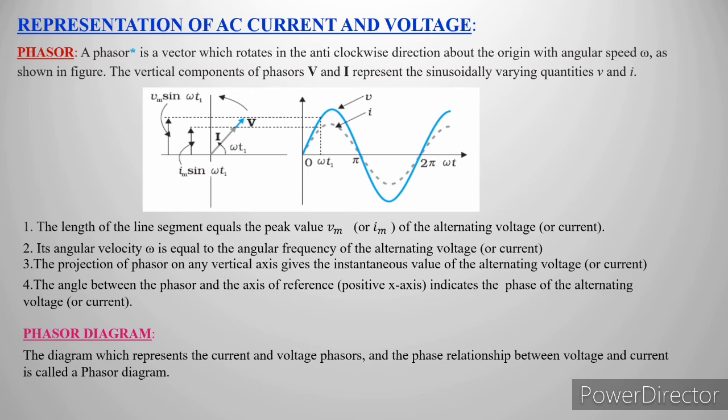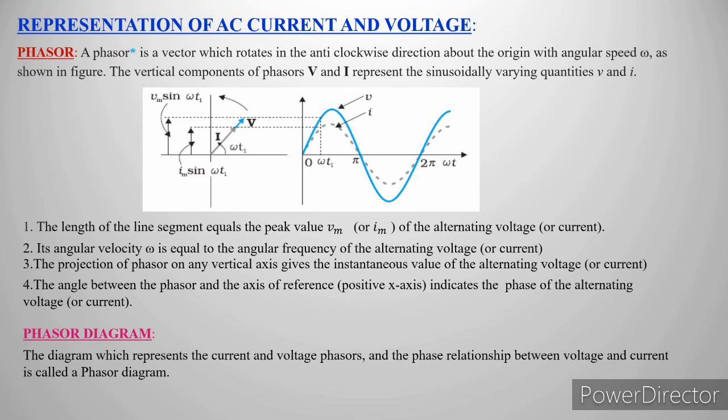Now look at the diagram given on the left. In this diagram, the two phasors, namely capital V and capital I, both are acting along the same straight line, along the same direction, and they subtend an angle omega t1 with the x-axis.